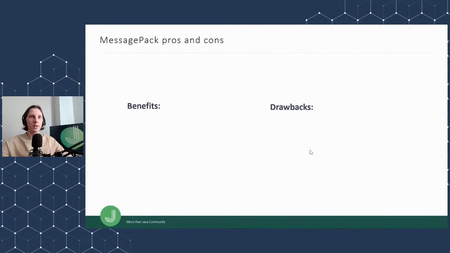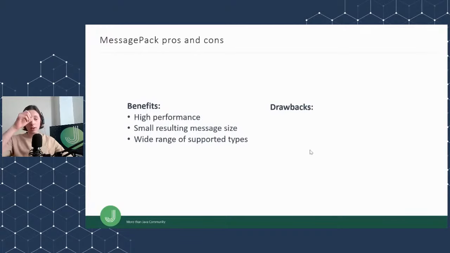Let's see some benefits and drawbacks. Benefits: high performance. It's much faster than JSON and BSON, partially because we don't have to write the names of the fields. Small resulting message size. In our case, it was just 70 bytes, so it's pretty good. And it supports a lot of types. Drawbacks. It's not readable, as with all binary formats.